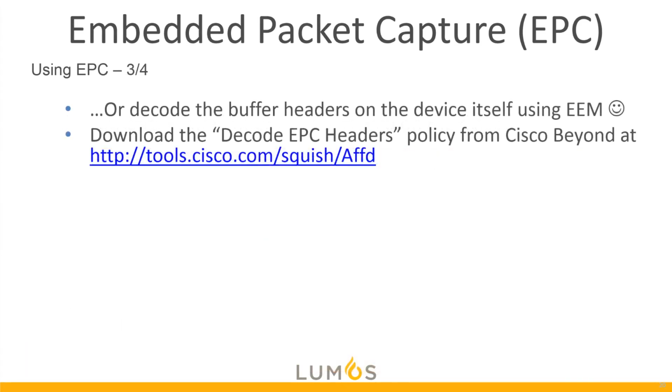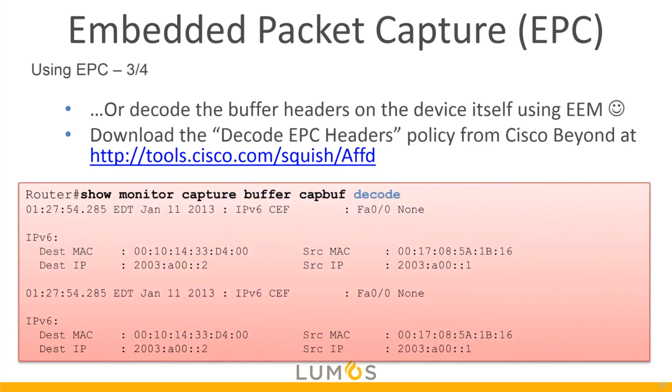Okay, or we could decode the buffer headers using EEM. So there's actually a tools.cisco.com. We can use the decode EPC headers policy in order to essentially decode this information and take a look at, in this case, IPv6 source and destination IP, source and destination MAC, and decode this information rather than having to look at the hex.